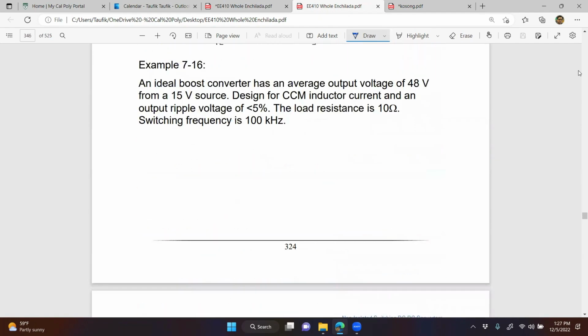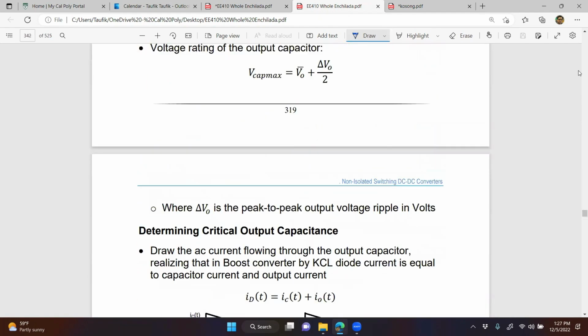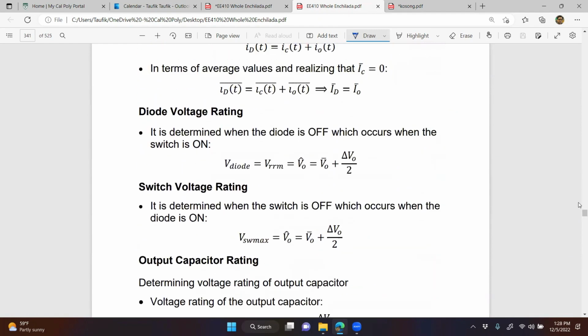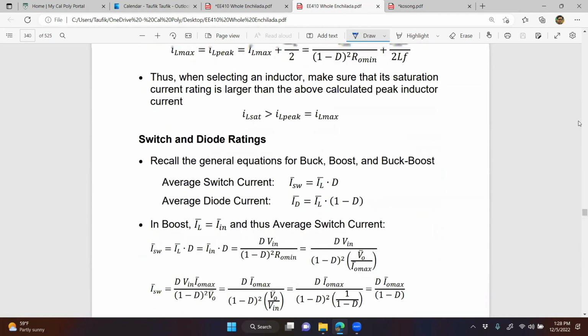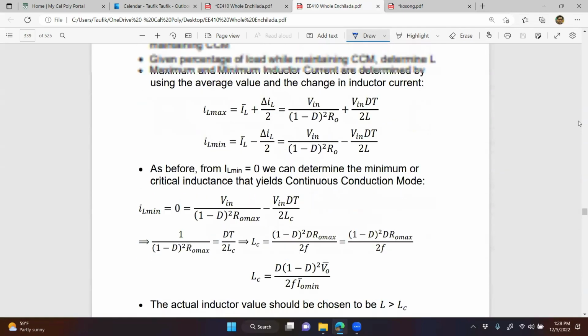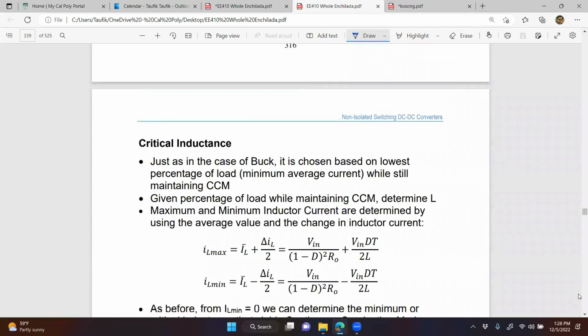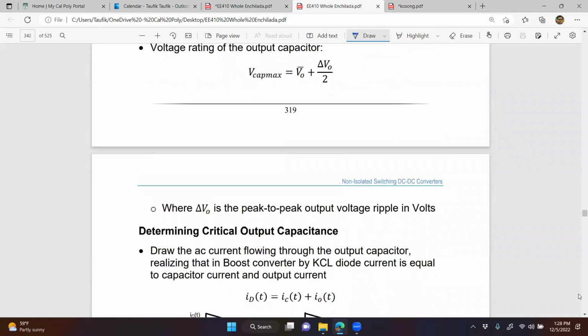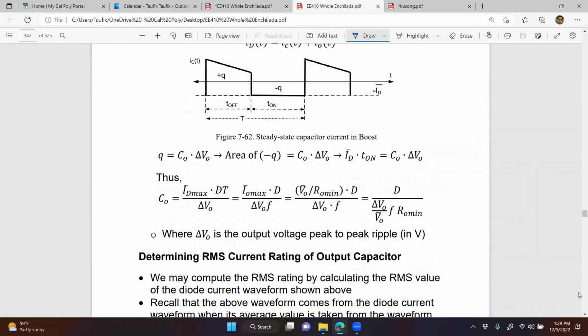That's buck boost. That's boost. So for a buck, hopefully this is buck. It is buck. For the output capacitor, right here, there's delta V out over V out. That's already in percent. Yeah, so I can use that equation.